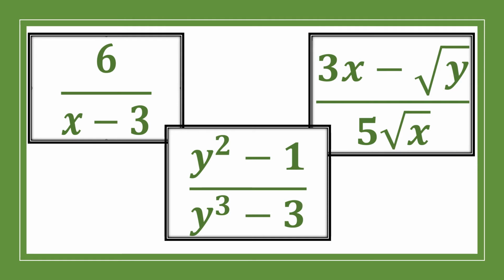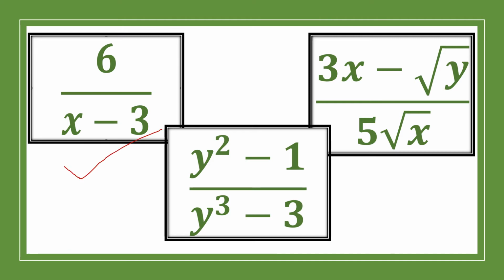So, let us go with this first expression. So, 6 over x minus 3. So, let us observe. So, 6 is a polynomial. x minus 3 is a polynomial. Therefore, this expression represents a rational algebraic expression. So, check natin siya.